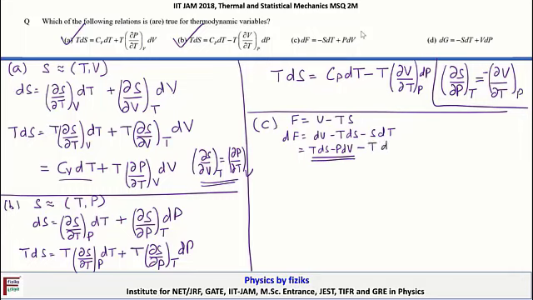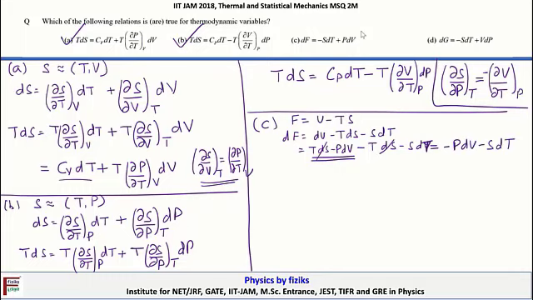The TdS and TdS will cancel out, and ultimately we are left with minus PdV minus S dT.